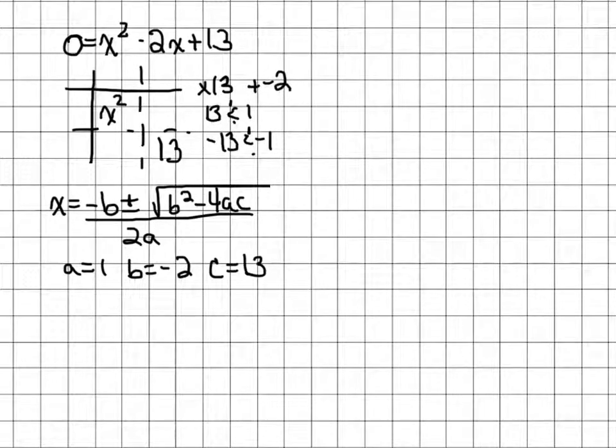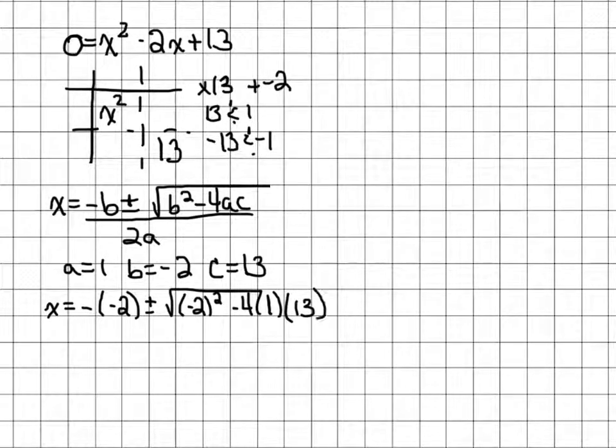All right, substituting in, I have x equals minus, and b is equal to -2, so I'm going to put that in brackets, so minus -2, plus or minus the square root of b squared, which is -2, all squared, minus 4 times a, which is 1, times c, which is 13. And that is all going to be divided by 2 times 1.